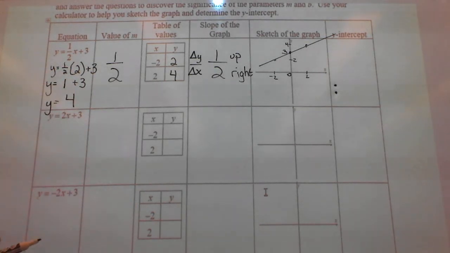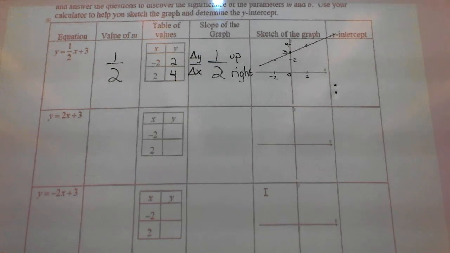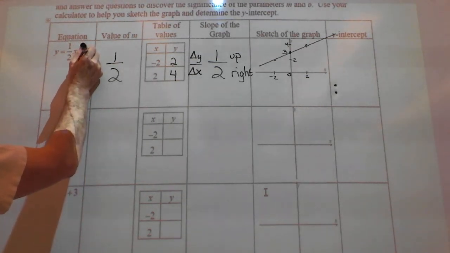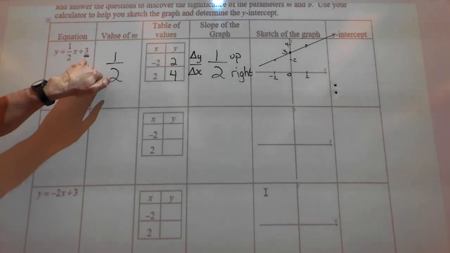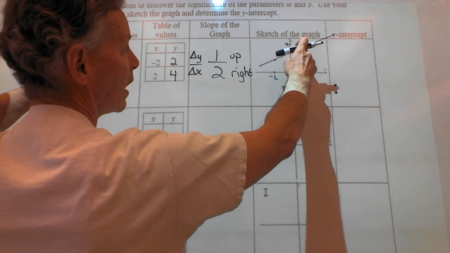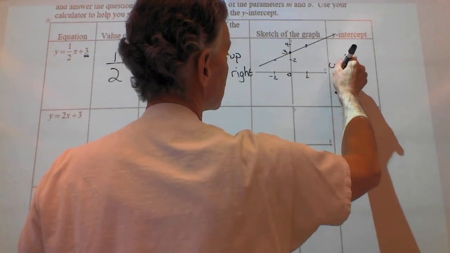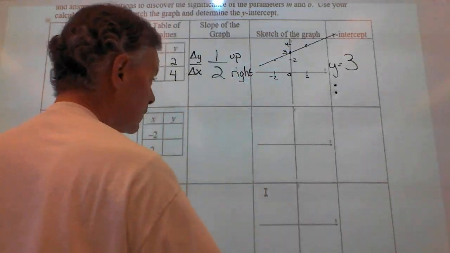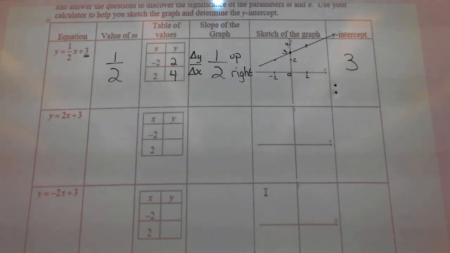Now let's go back here. Our value for b, the y-intercept, is 3. And you notice that when you graph the line, it does cross at 3. Okay, so our y-intercept is 3.